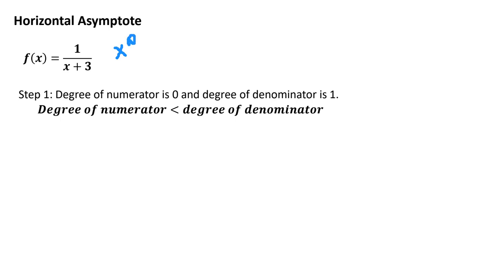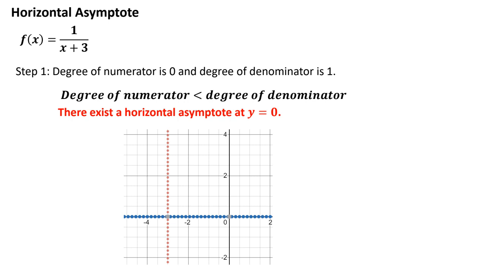So here I can see that the degree of my numerator is 0, and if I look at the degree of my denominator, we don't write it. We always know that if there's no exponent, then there is a 1 there. So it's easy to see that the degree of our numerator is smaller than the degree of my denominator. Hence, I am going to have a horizontal asymptote at y equals 0 because of our first case.